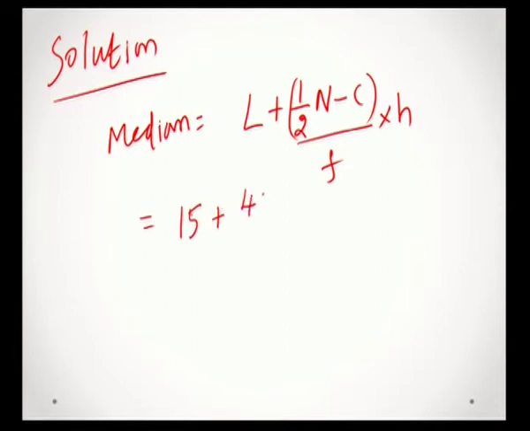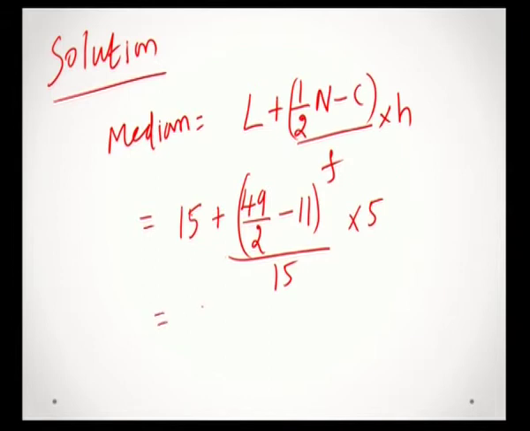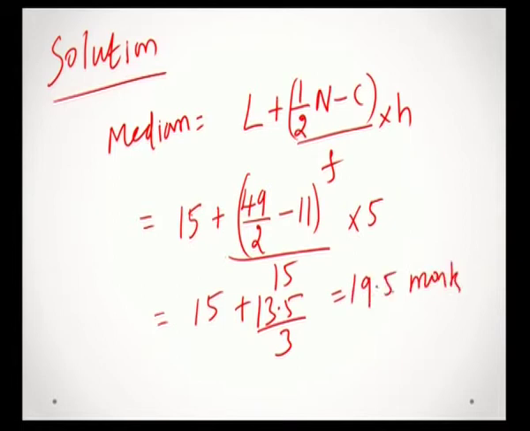So 49 into 1 by 2 will give 49 by 2, minus 11, over 15 is the frequency, and the width of the class is 5. If you simplify this, you will get 15 plus 13.5 over 3. Simplifying this, you will get 19.5 marks as the median for this sample.